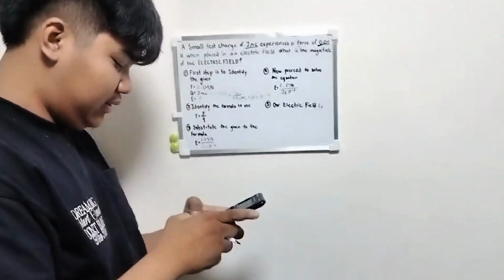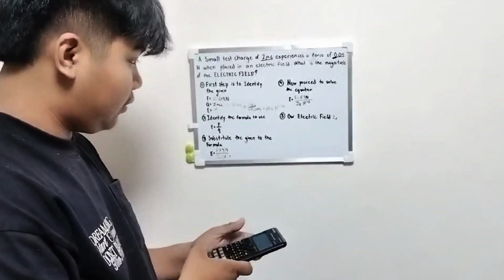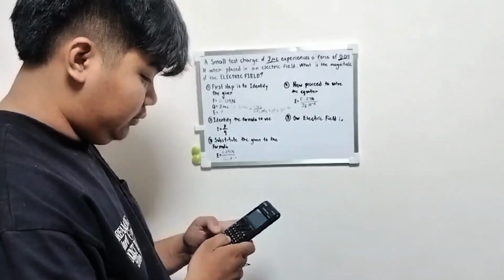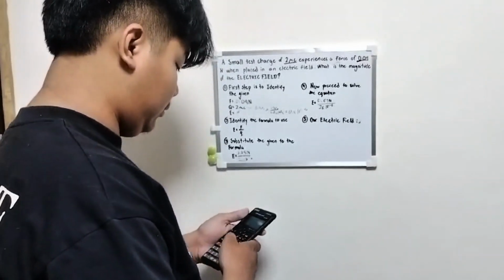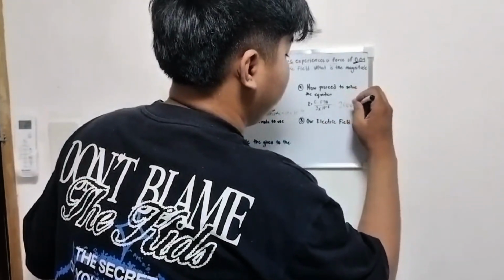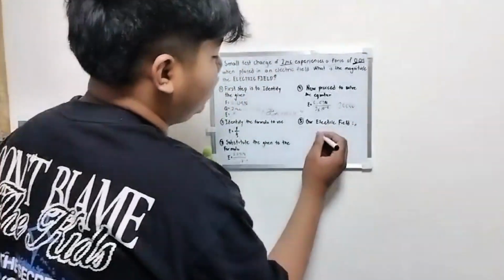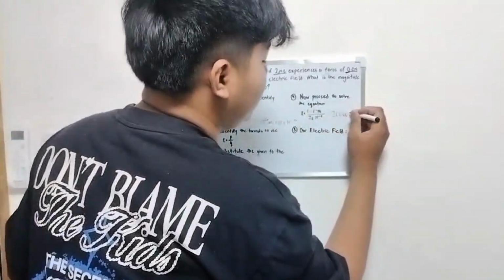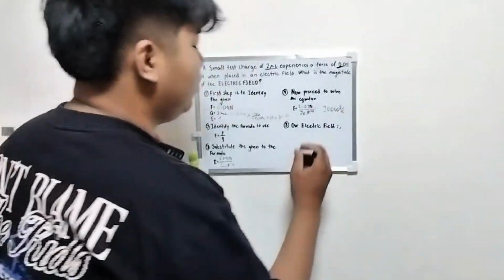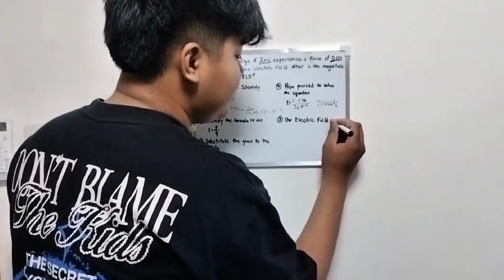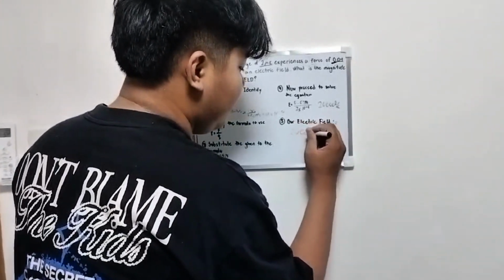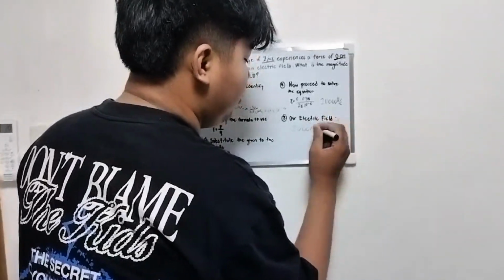So it will become 20,000, so 20,000 newtons per coulomb. So our final answer will be our electric field is 20,000 newtons per coulomb.